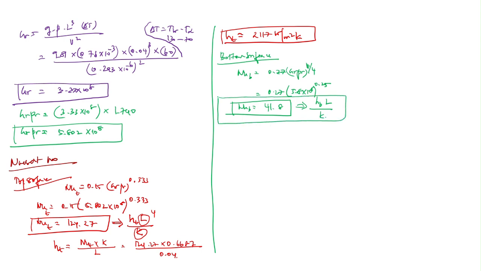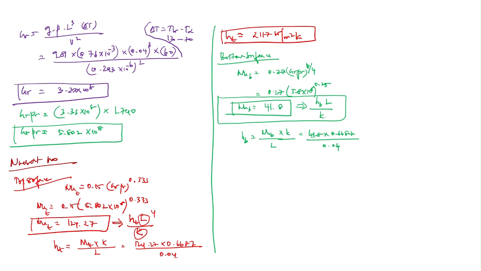You know all the values except h bottom. You are going to find h bottom is equal to the Nusselt number at the bottom surface into thermal conductivity divided by L. So Nusselt number 41.8 into thermal conductivity 0.6687 divided by L, that is 0.04.